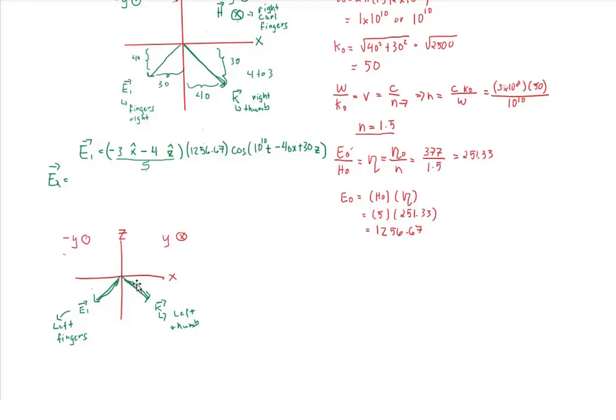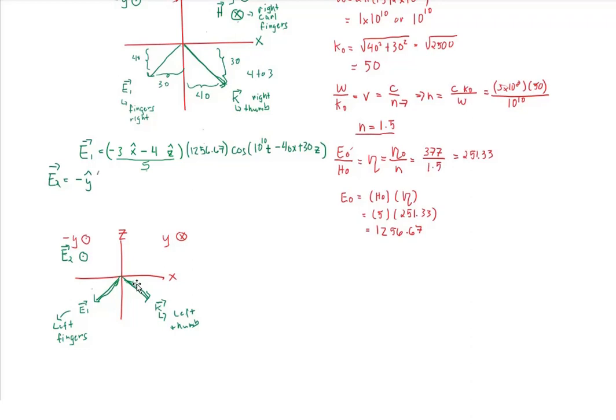Thumb towards the fourth quadrant, fingers towards the third quadrant, and then using our left hand, we curl it. It's going to be coming out of the page. So E2 is coming out of the page, and therefore E2 will have a negative y direction. So here we could write negative y hat.